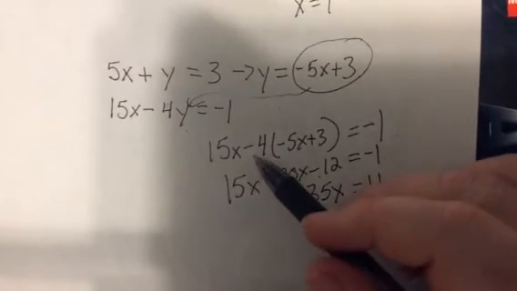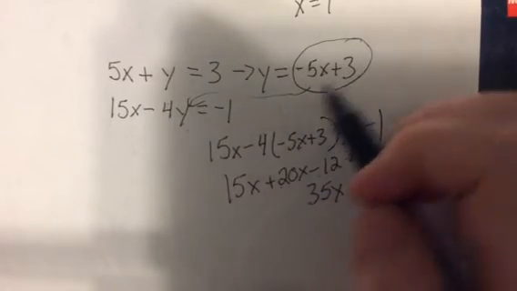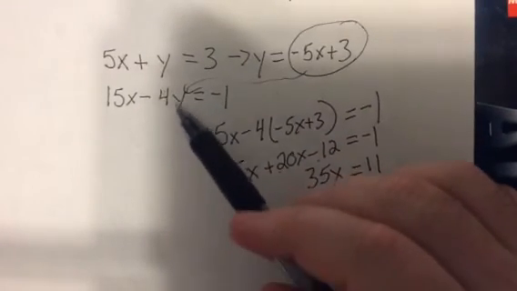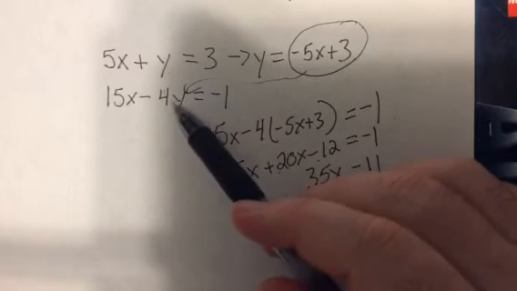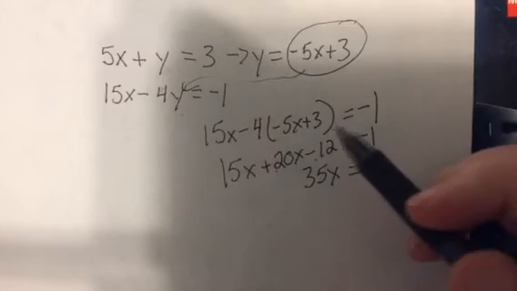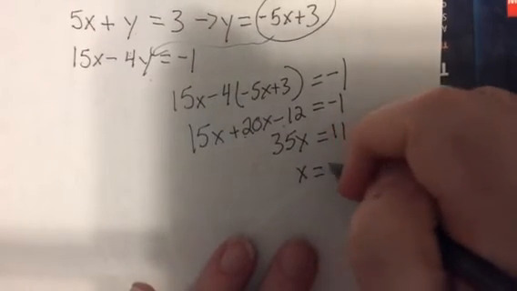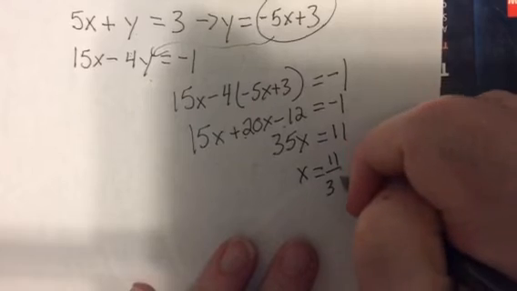I think I'm okay. This is going to be one nasty answer. Yeah, I guess I got it right. So x is 11 over 35. Holy cheese in a bucket.